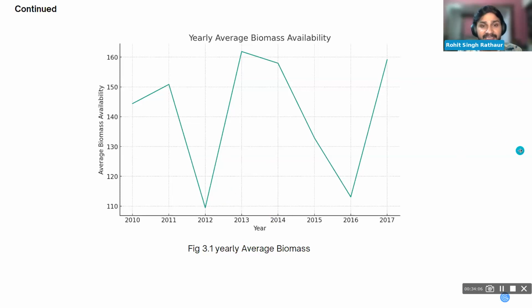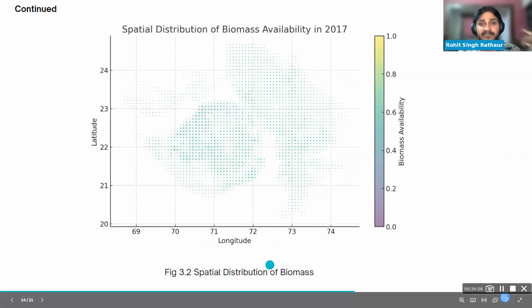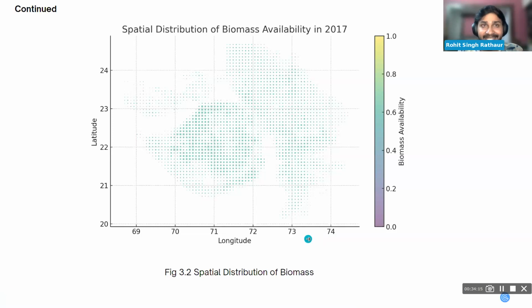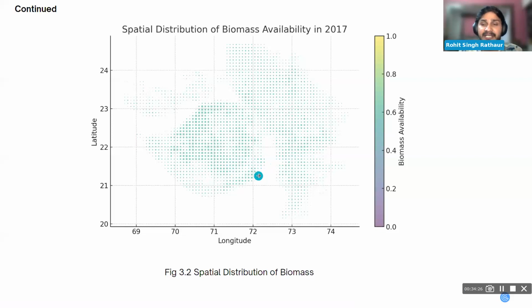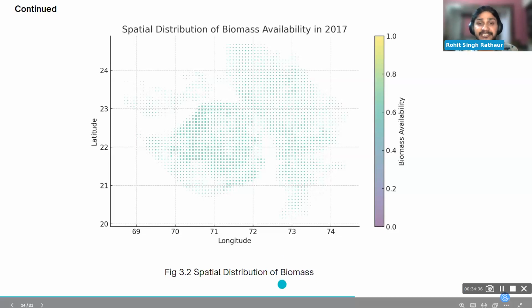So now, in the next plot, I will visualize the spatial distribution of biomass availability for a particular year. Let's say for the year of 2017, to understand the variation of biomass availability across different locations. So here, I used a scatter plot where the size of each point corresponds to the amount of biomass available at the location.